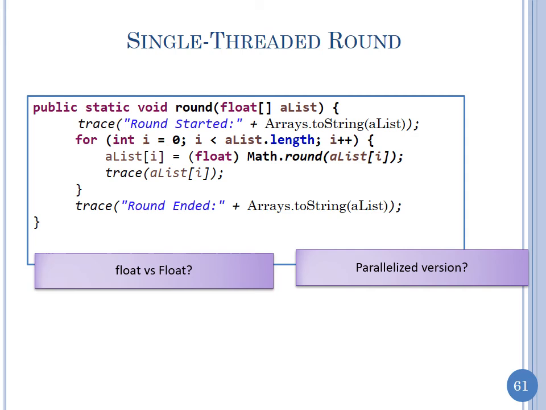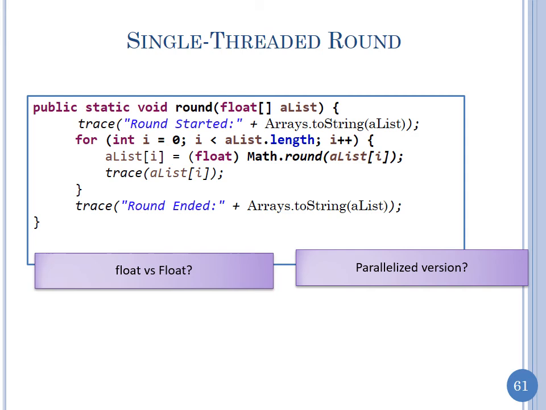First, a simple question: why use primitive float and not a float object? And the second question I want to ask is, what exactly should I write here to make this parallelized? Again, we kind of know what we have to do, but just tell me exactly what I need to write here to do the parallelized version.